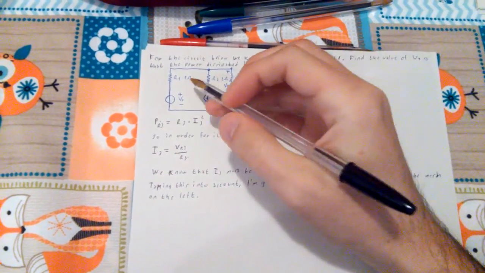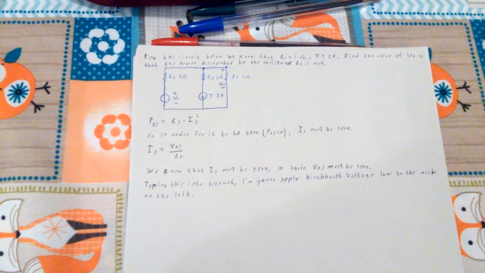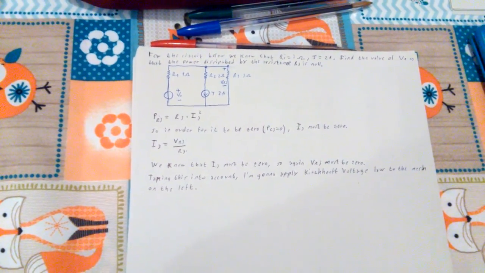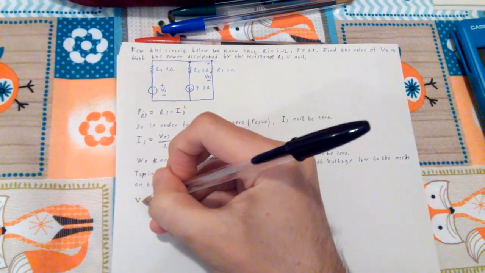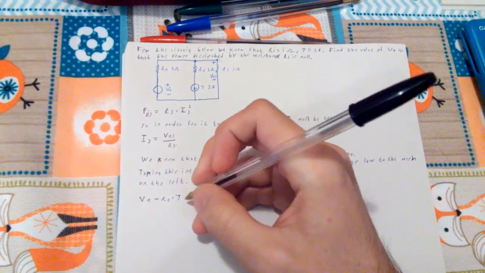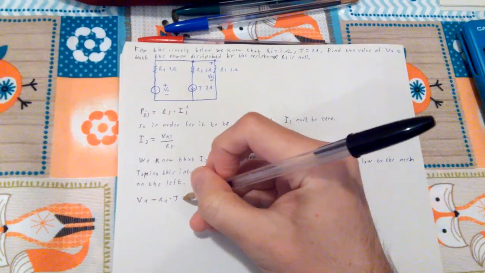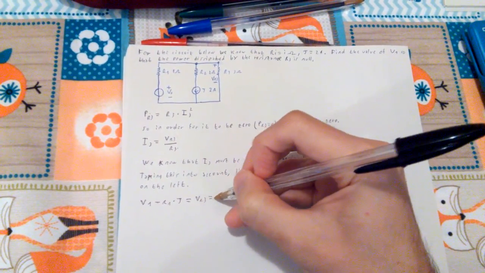Applying it, I have that V1 minus R1 times J is equal to VR3, which is equal to 0.